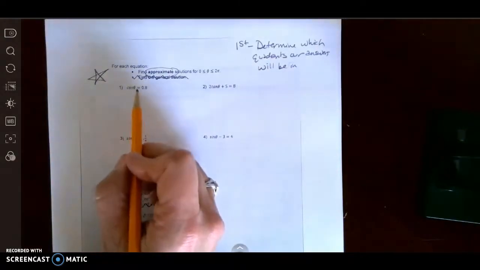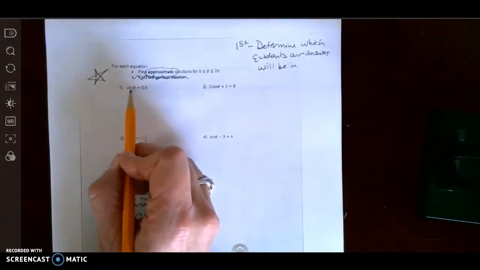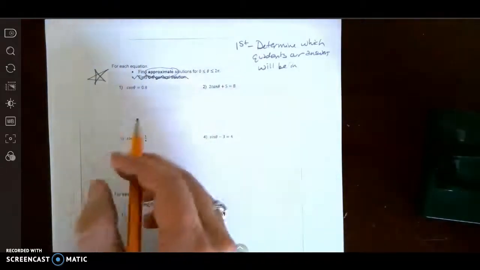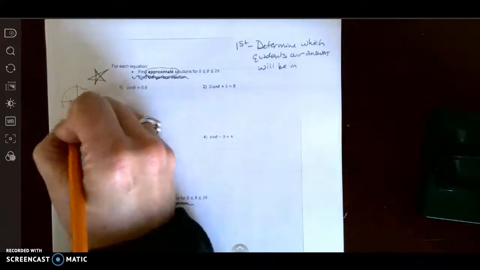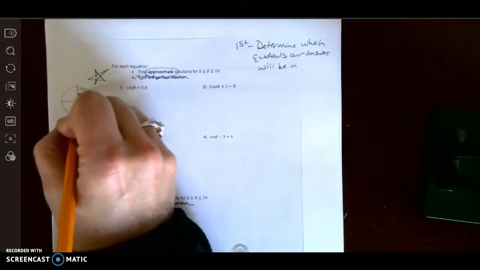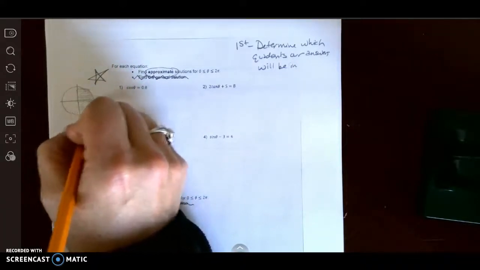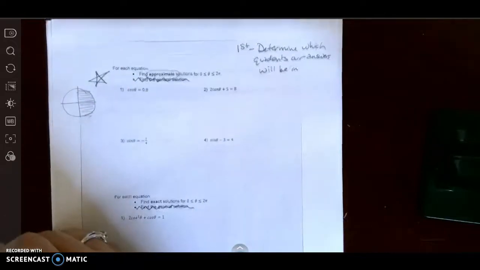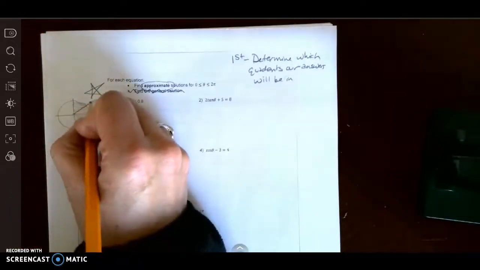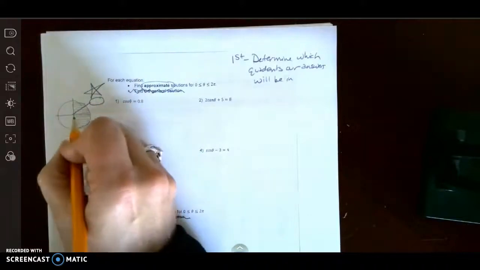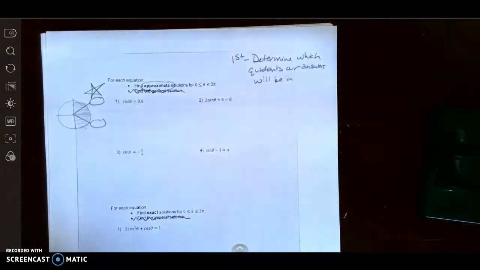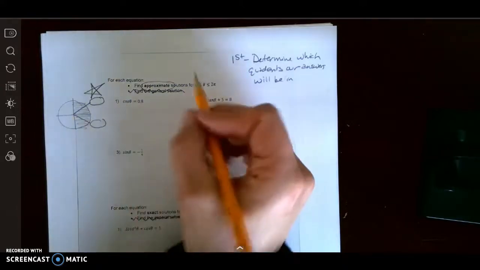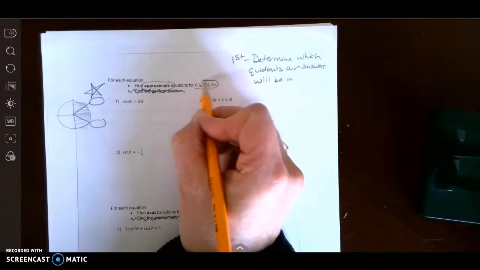So cosine is 0.8. Because cosine is positive here and here, I'm going to have an answer that goes here, but then I'm also going to need an answer that goes here. I need both, because it says between 0 and 2 pi.